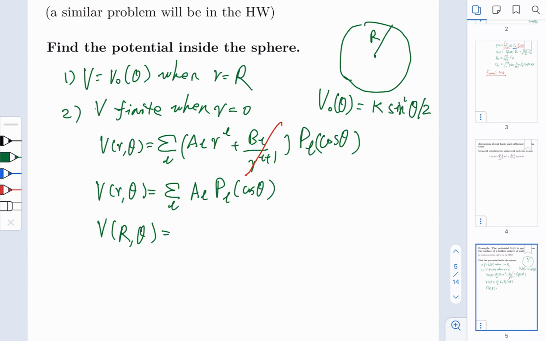Oh, sorry, I think I missed R to the L. And now if I plug that in, this should be our specified boundary condition.